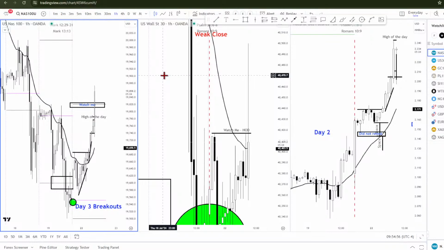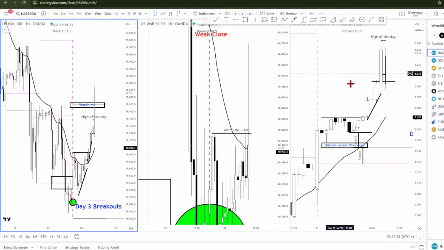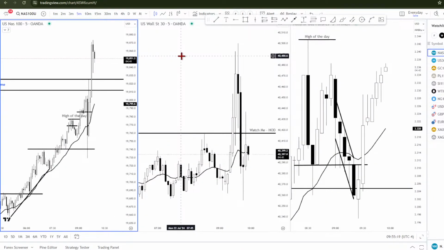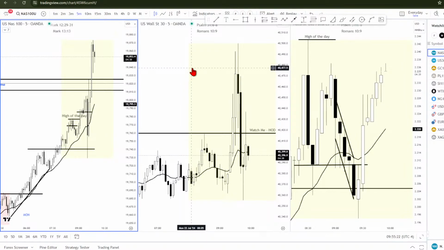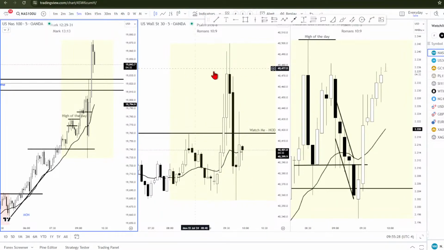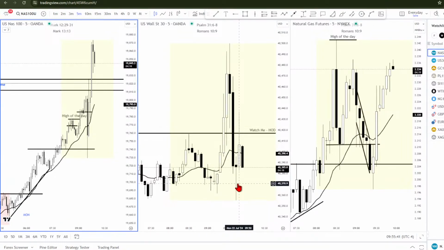Goodness gracious. Okay, all right, so natural gas still consolidating on the inside of that previous bar. Notice how they pinned down and then they pinned up.